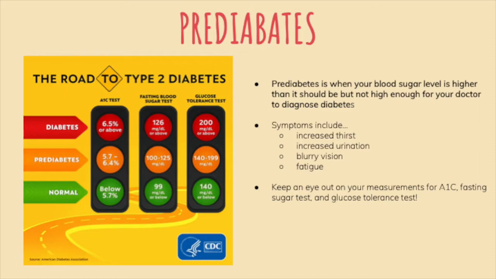Those symptoms include increased thirst, increased urination, blurry vision, and even fatigue. So again, it's really important that you keep an eye out on these warning signs in case you do fall into this prediabetes range. Now, we have discussed a lot of warning signs and symptoms, but one of the best ways to diagnose diabetes officially is by doing different tests, such as the HbA1c test, the fasting blood sugar test, and the glucose tolerance test.